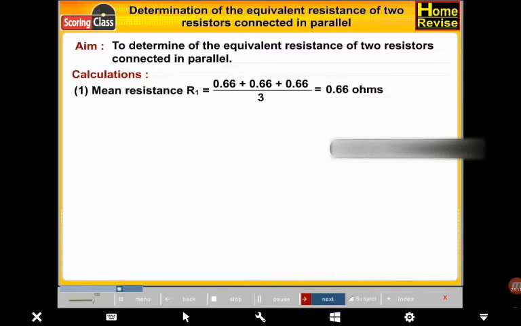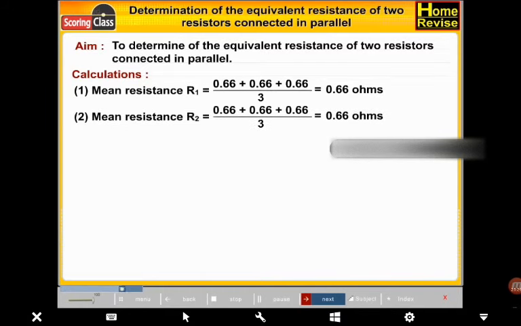Calculations. Number 1. Mean resistance R1 is equal to 0.66 plus 0.66 plus 0.66 upon 3, that is 0.66 ohms. Number 2.